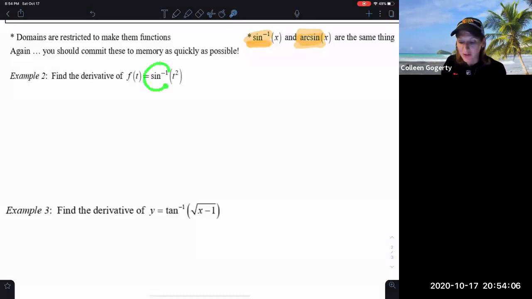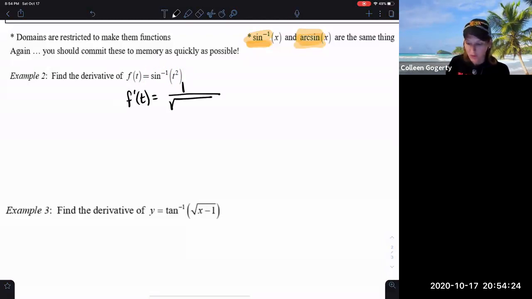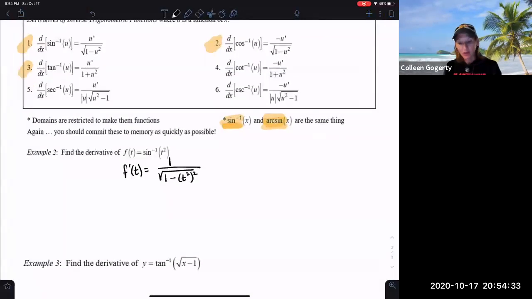I need to find the derivative of the overall function and multiply that by the derivative of our input, okay? So the overall derivative of sine inverse is going to be 1 divided by the square root of 1 minus our input squared. Okay, now if you need to look back, you go for it.